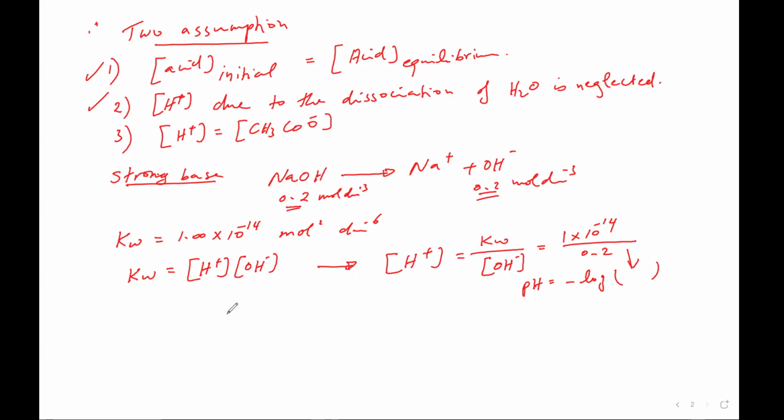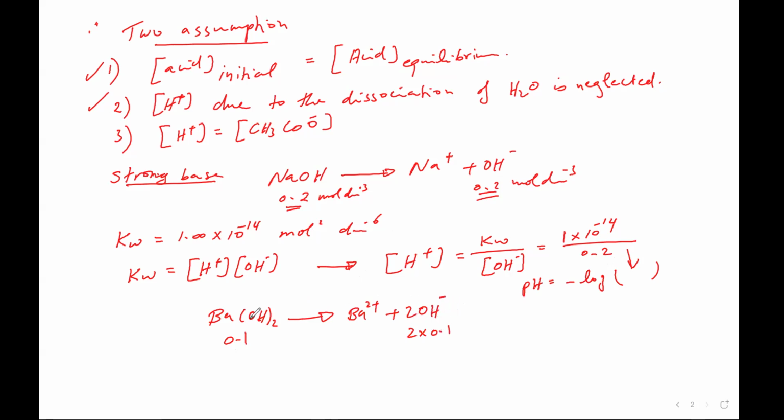But sometimes, for example, if they say that we have barium hydroxide, take care that when it ionizes, it will give us barium ions plus 2 hydroxide ions. So if you start with 0.1 mole per decimeter cube, it will give you 2 times 0.1 mole per decimeter cube of the hydroxide.